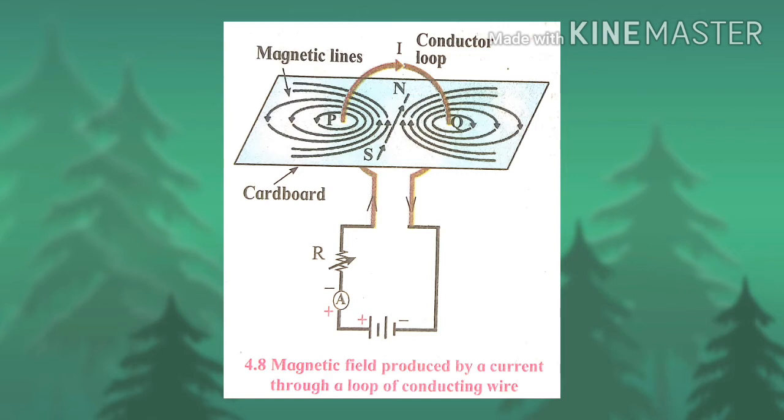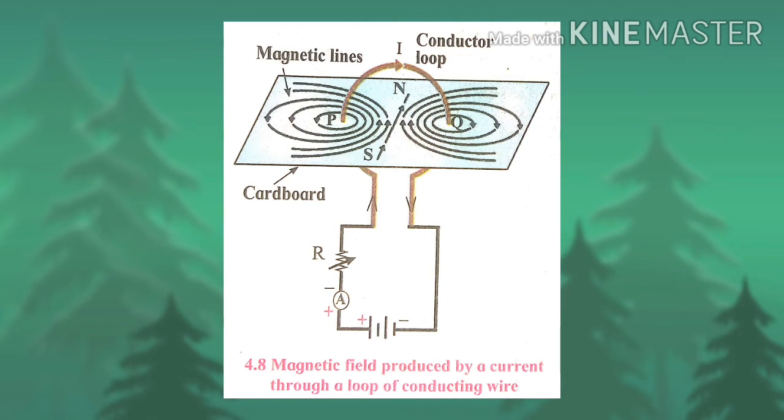Circuit is completed as shown in the figure. Current passing through a loop, magnetic lines of force are produced at each point on the loop. As we go away from the wire, concentric circles representing the magnetic lines of force will become bigger and bigger.